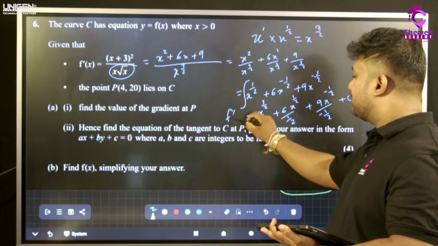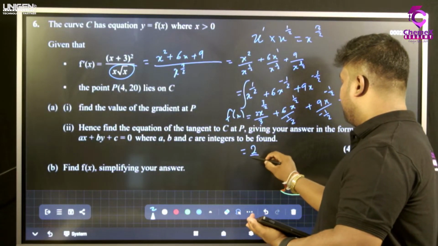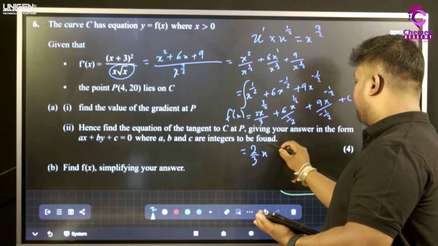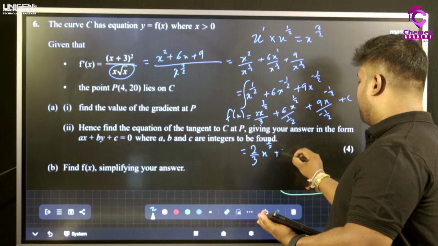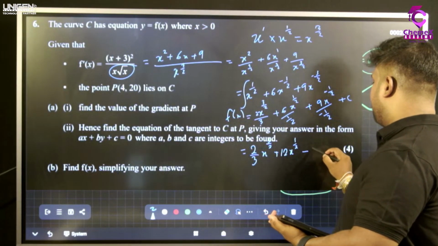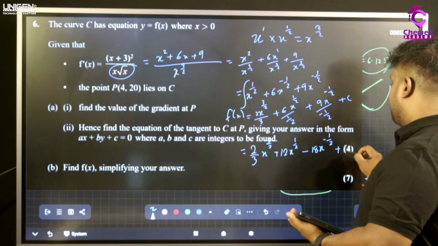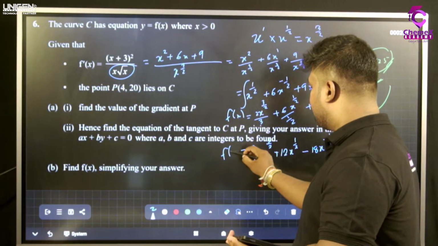This is f(x) or y. So what do you get then? 2 over 3 x to the power 3 over 2 plus 12x to the power half minus 18x to the power minus half plus c equals f(x). Are you okay with that or not?